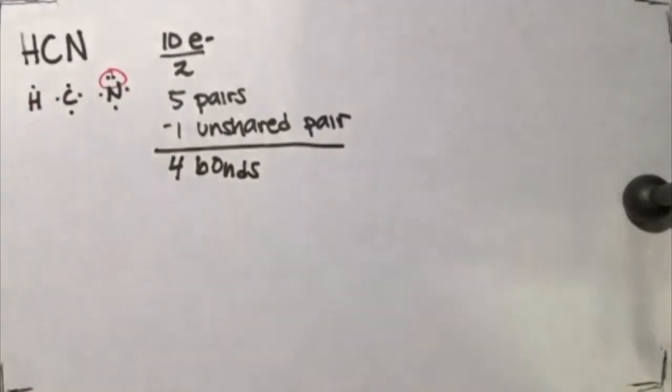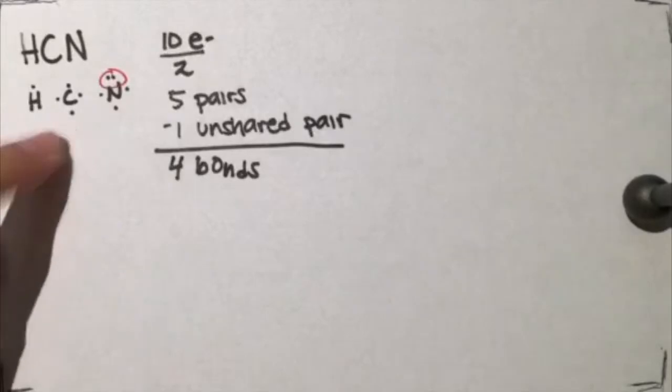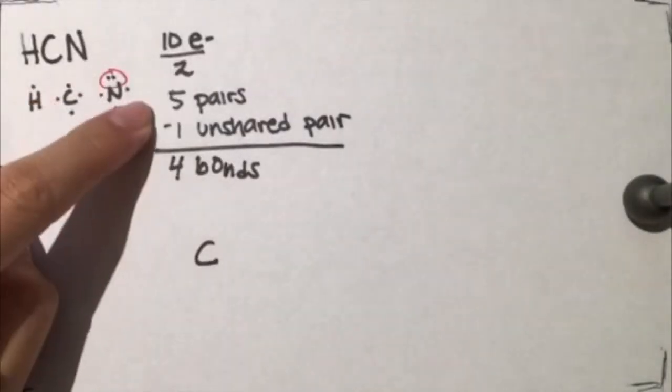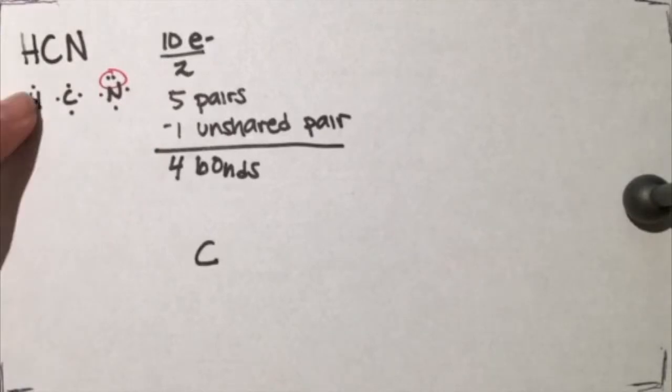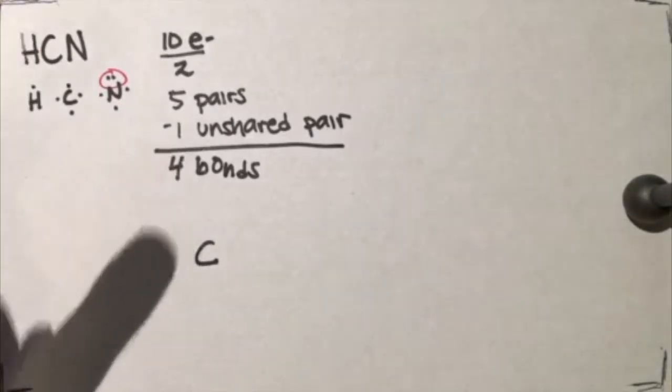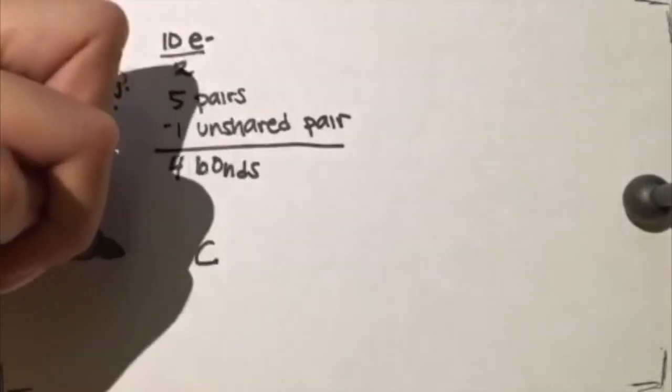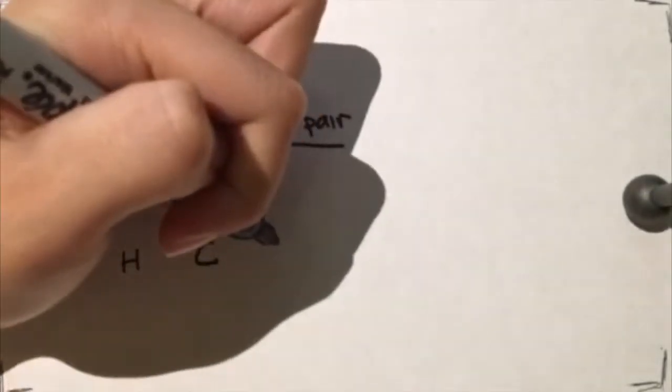Step 3. Draw the structure. The atom with the most openings will go in the center of our structure. In this particular compound, carbon has 4 openings, as opposed to nitrogen, which only has 3 openings, and hydrogen, which follows the rule of duet, and therefore only has 1 opening. We can now put hydrogen and nitrogen on either side of carbon.